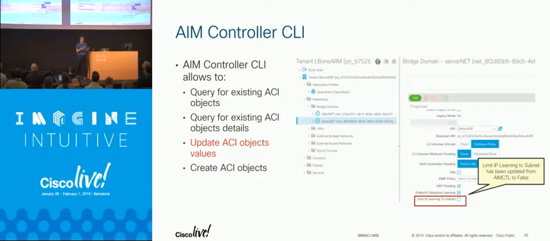So the AIM controller CLI is usable for things which are not directly controllable from a Neutron API call. Now I'll tell you a little secret, or rather a tip or recommendation: AIMCTL should be used minimally. You typically don't want to use a CLI, you want to use just the Neutron API.